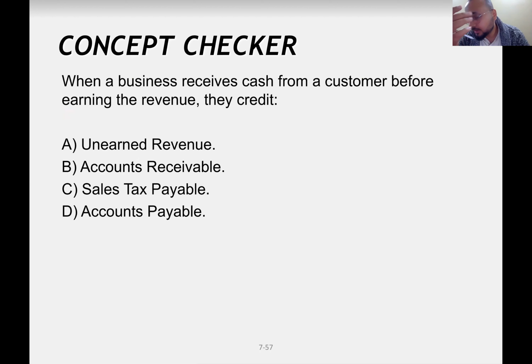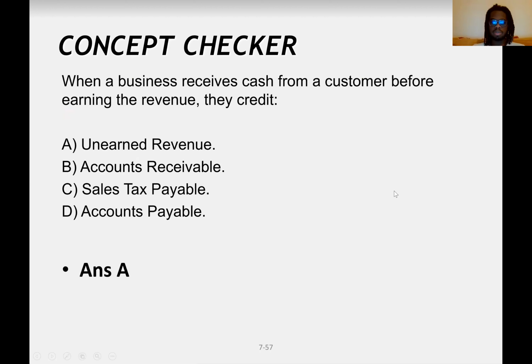So what is credited in that entry? When you receive cash against unearned revenue, what is the entry? Cash to unearned revenue. So what is being credited? Unearned revenue.